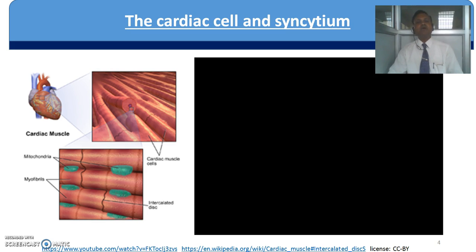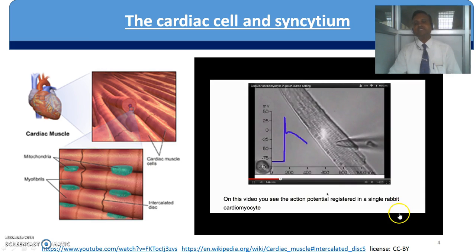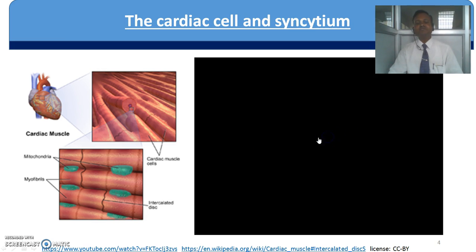The beauty of cardiac cells is that even if you isolate a single cell and see it under a microscope, you will see that each cardiac muscle cell spontaneously beats. In this video, you can see a cardiac muscle cell which has been isolated, and the action potential across this muscle is being recorded. There is a technique called the patch clamp technique which enables us to measure electrical potential across the cell membrane. See this video once again.